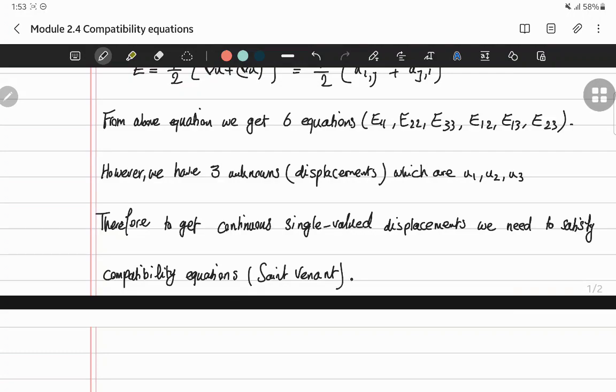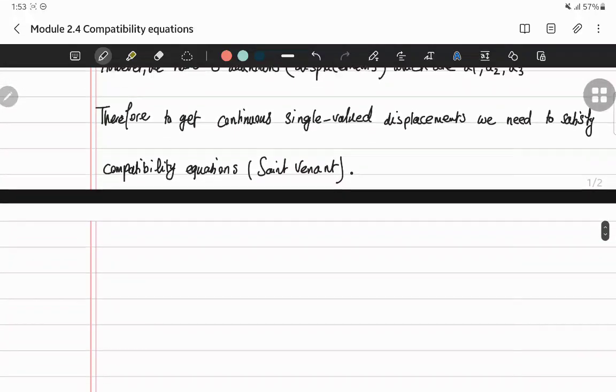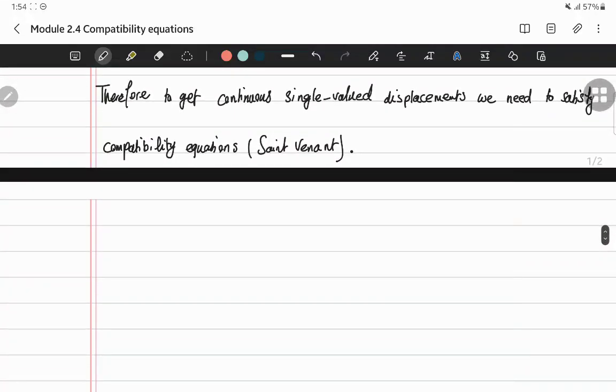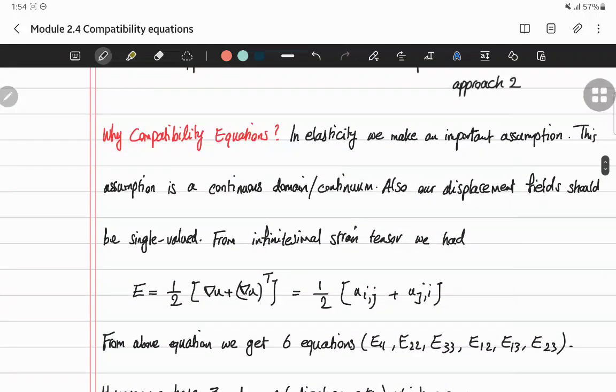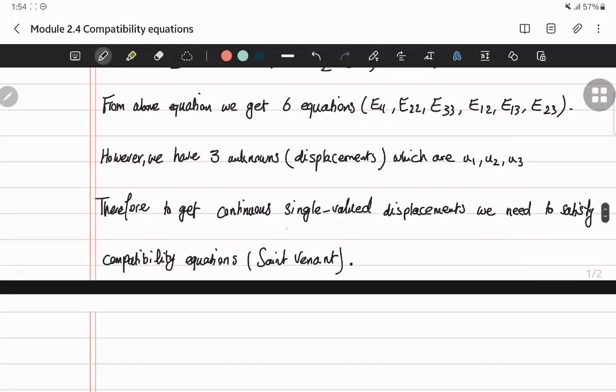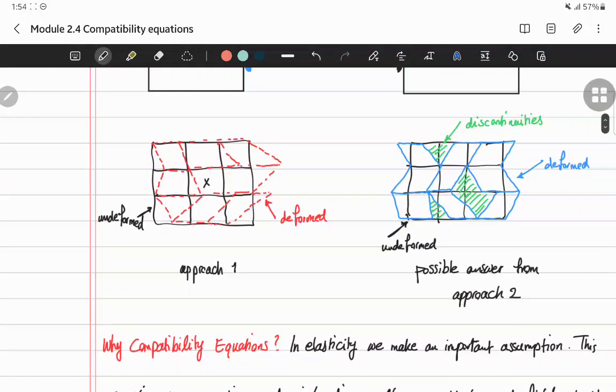If you remember the name from your mechanics of materials, Saint Venant's principle is a very important principle in the solution of elasticity problems and so many other analyses. All right, so now we understood why we need these compatibility equations, because we want to have continuous single valued displacement. We don't want to have something like this.